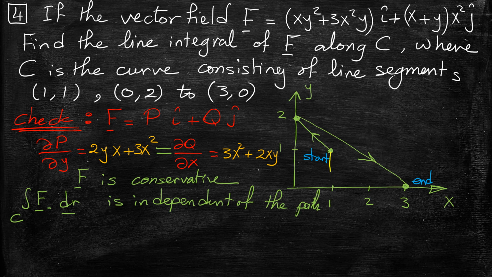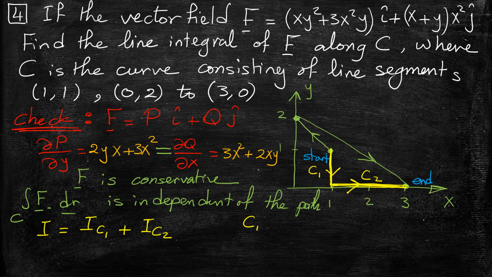The easiest, as I mentioned previously, is just moving through lines parallel to the axes. So I will choose this one and then this one. This is my C1 and this is my C2. If we are defining these lines, this line integral I can define as the integral over C1 plus another integral along the line C2.